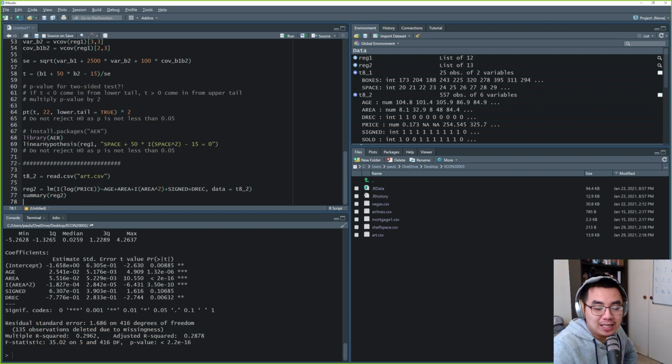Here we can see that we have all of our different coefficients. Now, you might notice this sort of scientific notation here. If you understand scientific notation, all this means is, now, 2.541 times 10 to the negative 2. So just think of this E as times 10 to the power of.